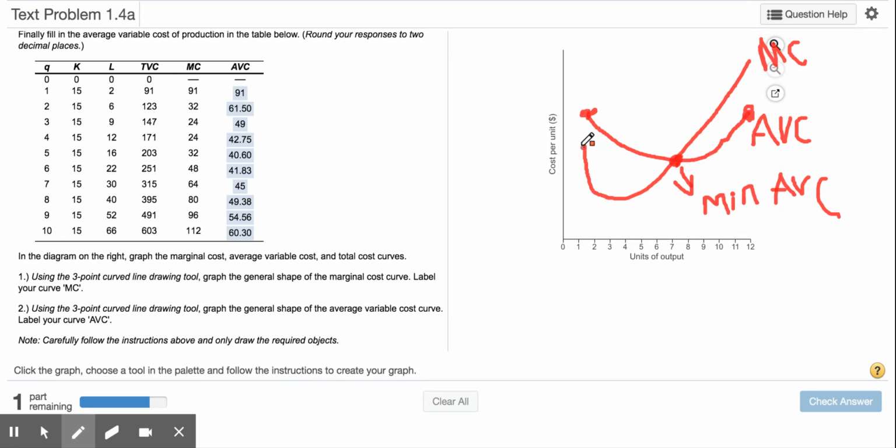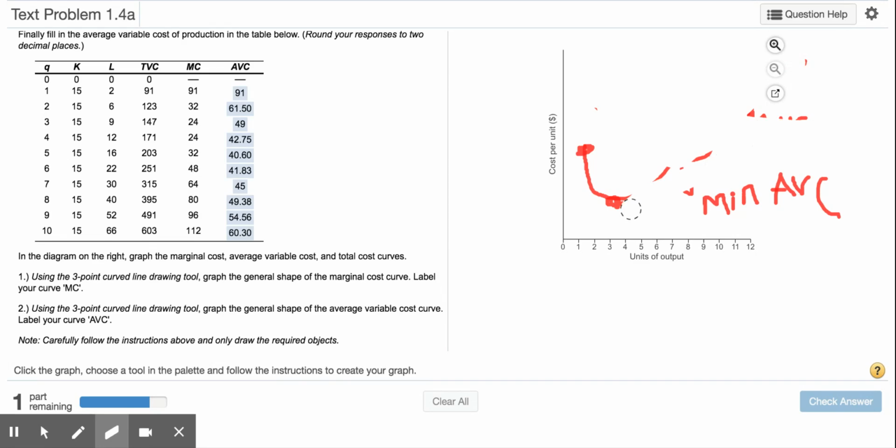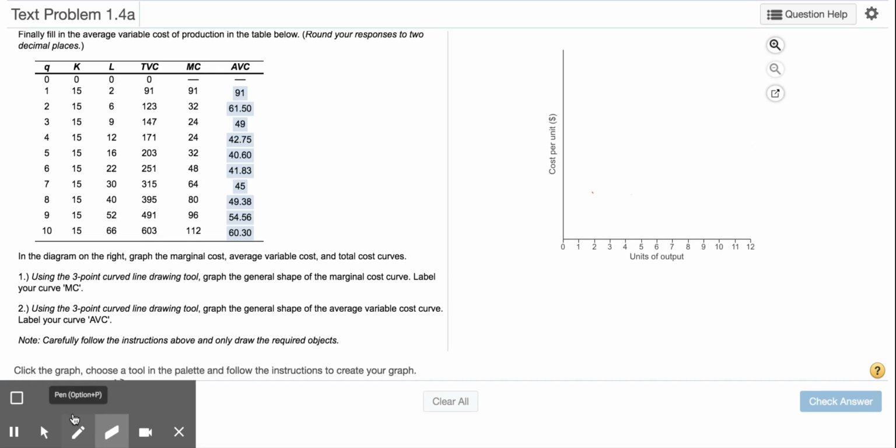We're going to do the same thing for the marginal cost: find the first point, the minimum, and the last point. So let's do that. I'm going to erase this first and graph it using the graphing tool so we can check the answer.